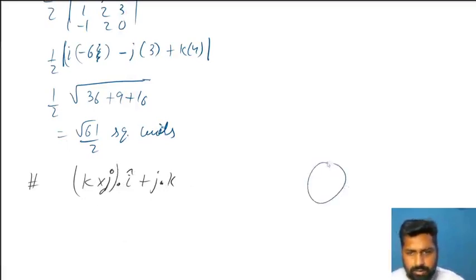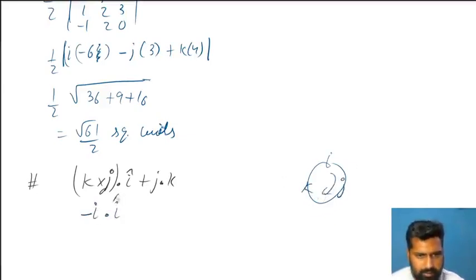Remember the circle i, j, k, and the circle was for clockwise. So k cross j will be minus i, dot i plus j dot k. The dot product of j dot k is 0. i dot i is 1. So the answer is minus 1 for this.